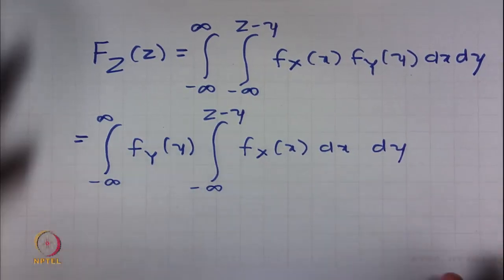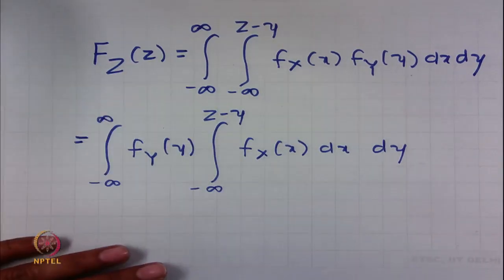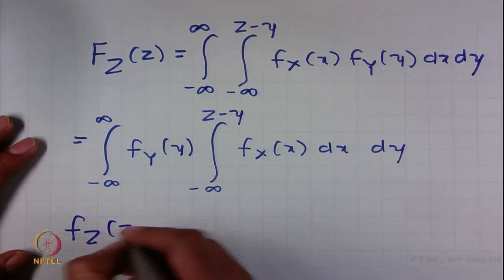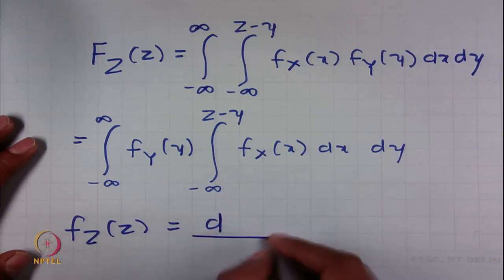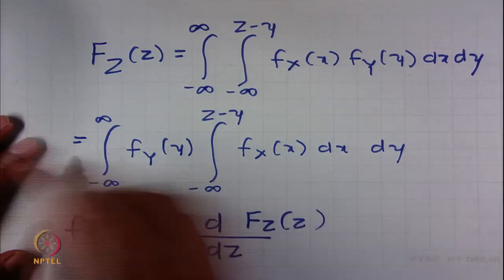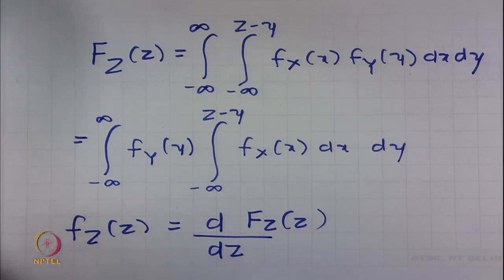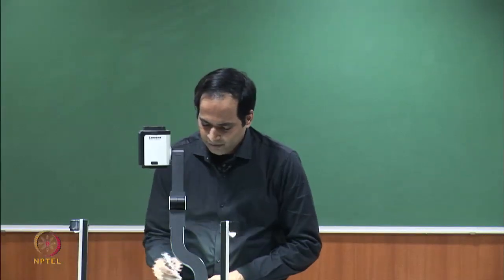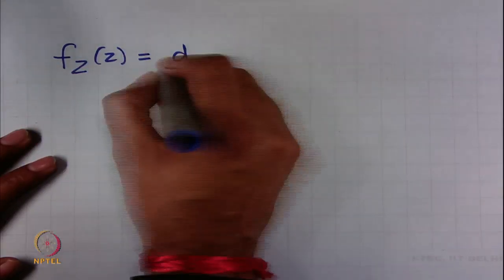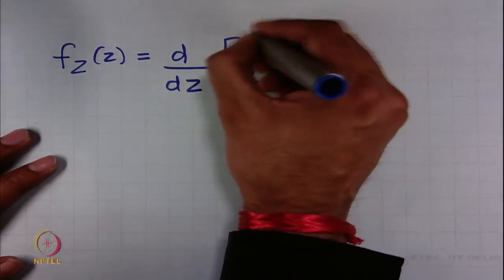All right. Now, the question is to obtain the probability density function. The probability density function of z can be obtained by differentiating the CDF. So, let us now differentiate this quantity with respect to z and see what we get. So, the PDF of z can be obtained by differentiating the integration that we had.